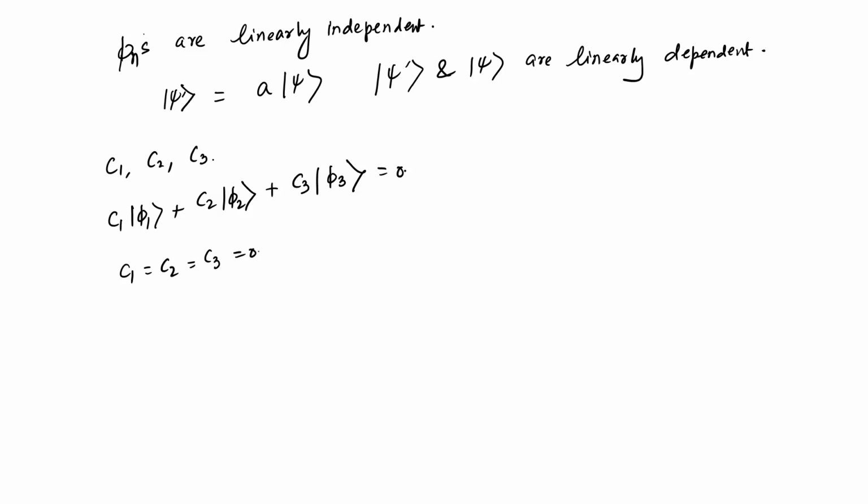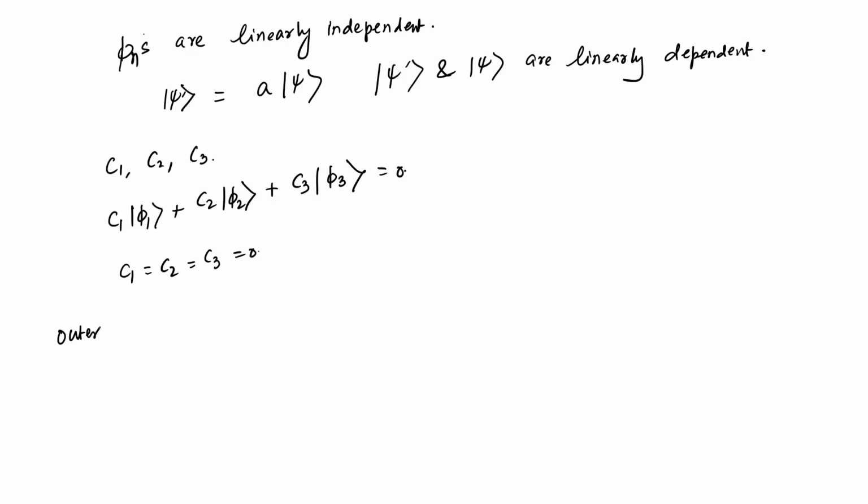Let us try to understand more about these basis sets, because this will give you a more in depth understanding of what we are trying to relate to, and what they mean. So, let us talk about an outer product of this, and this outer product, unlike the inner product which is a scalar, would still be a vector.